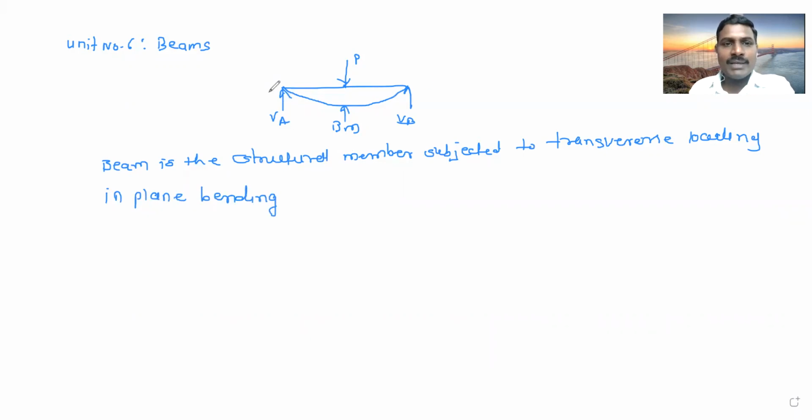So the plane of bending, A to B, is the plane of bending. This is the A support, this is the B support. A to B is the plane, and due to this transverse force P, the beam will be deflected or bent. So in the plane of bending, causing shear force and bending moment.